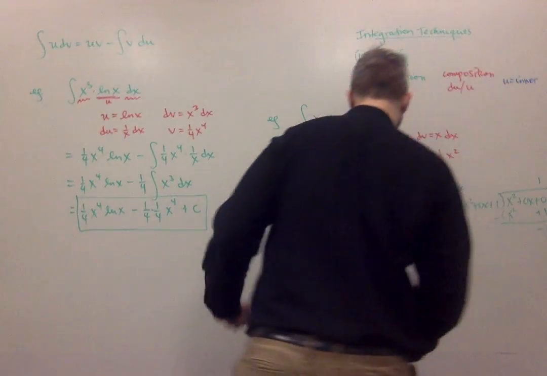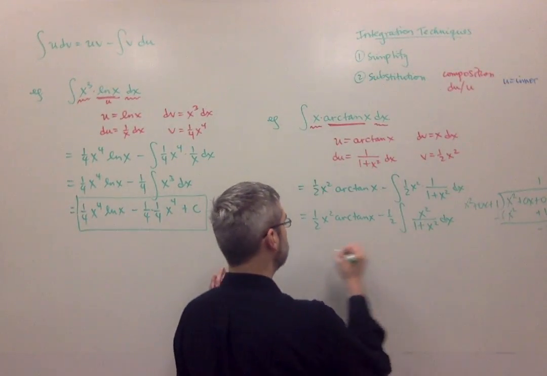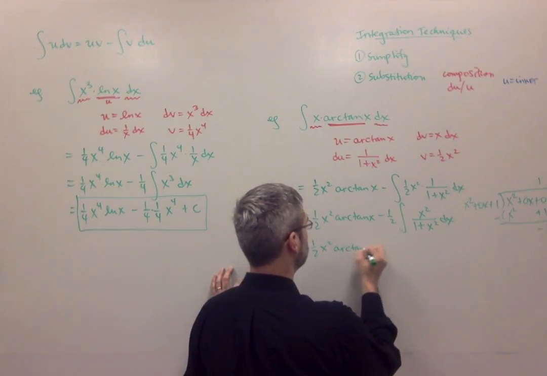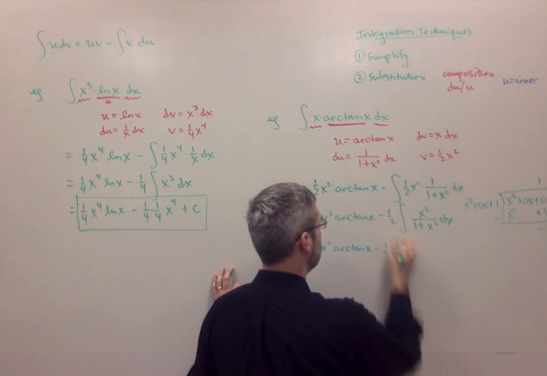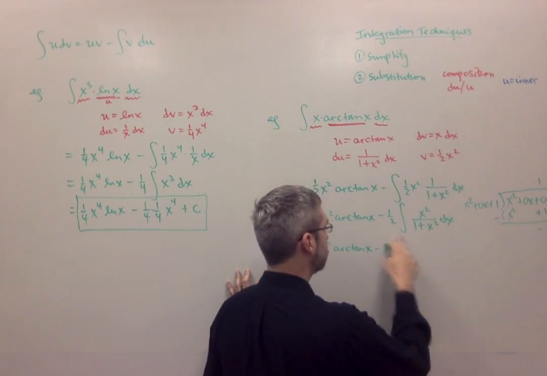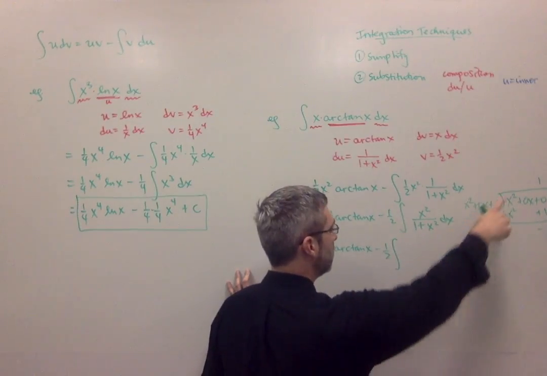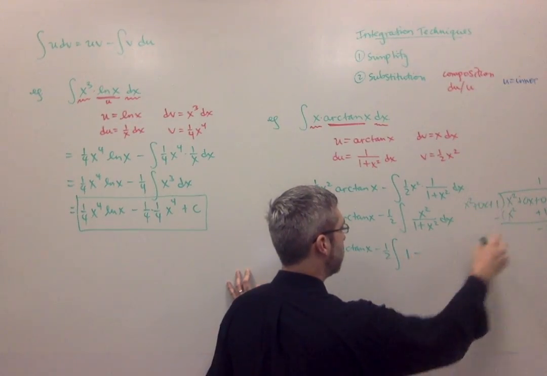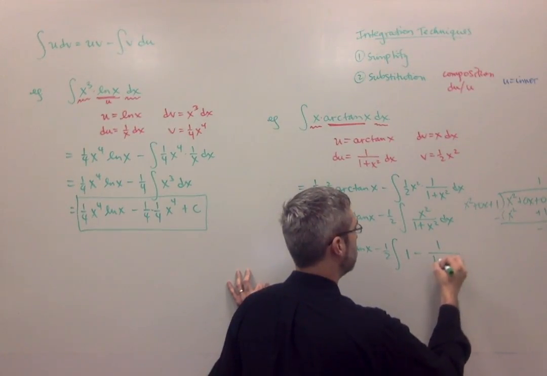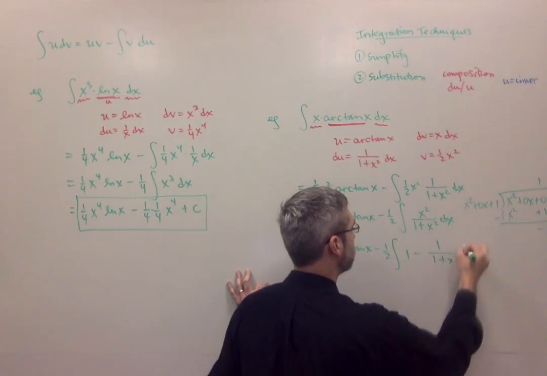So in other words, this integral becomes the integral of 1 minus, and here's the remainder, 1 over x squared plus 1, or 1 plus x squared.